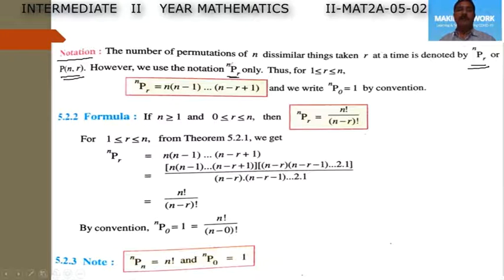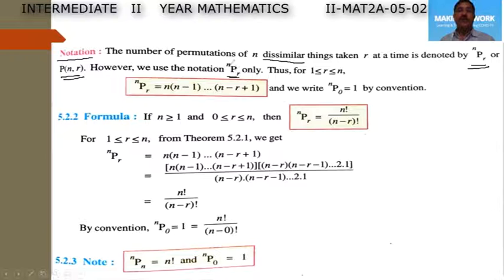The number of permutations from given n dissimilar things. When some or all of the things are similar, the number of permutations that we can get will be different. So first let us confine to the number of permutations that can be made from n dissimilar things by taking r things at a time.